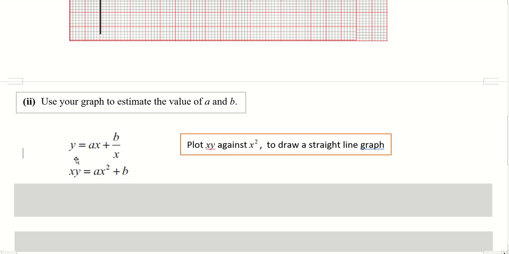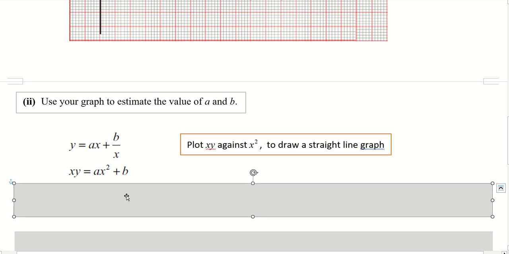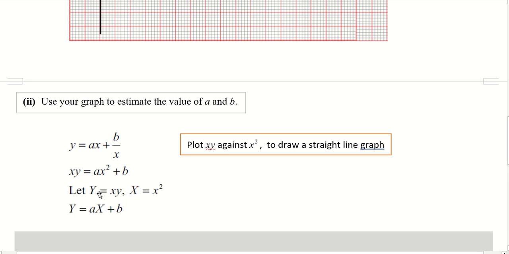That's why this is a straight line graph if you plot xy against x squared, where big Y is your xy, big X is your x squared. So you actually get Y equals aX plus b. So a is actually your m, and m is your gradient. This b is your c, which is your big Y-intercept.